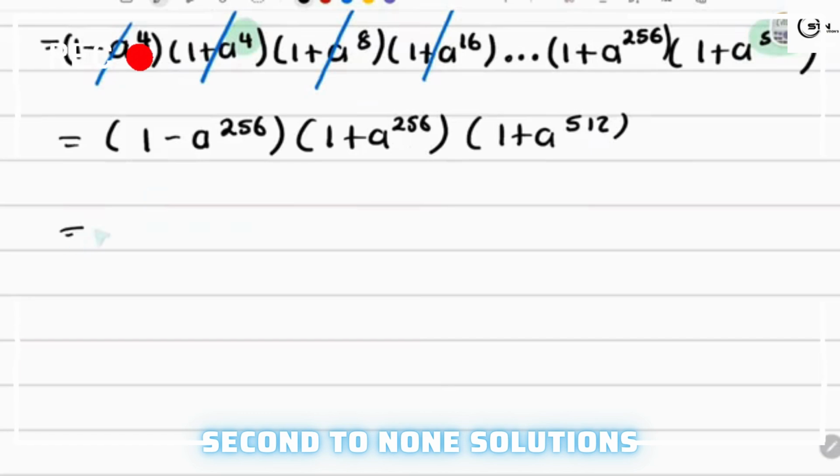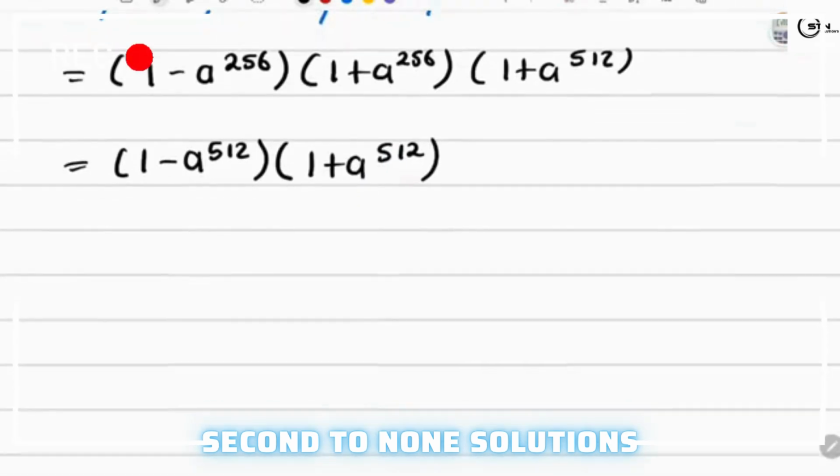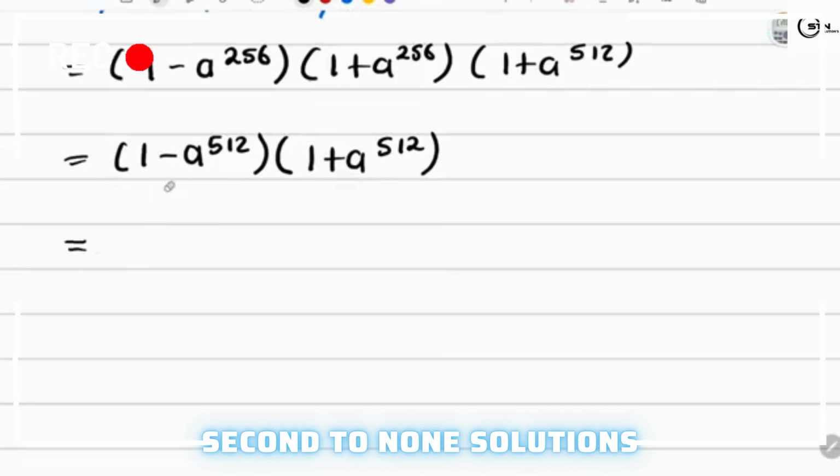Then when they multiply, they will become 1 minus A to the power of, remember the bases are the same. When you're multiplying, you need to add the exponents. That's actually what's going on there. When you add the 256 and the 256, they give you 512. And then you're going to multiply that by 1 plus A to the power of 512. And then we're just going to have to find this answer. And then that is going to give us, again, difference of two squares.